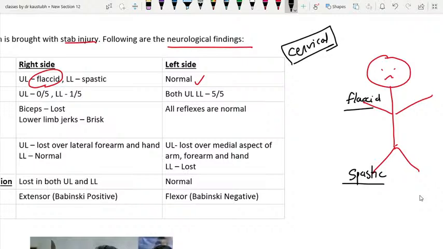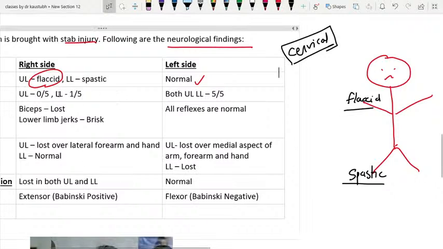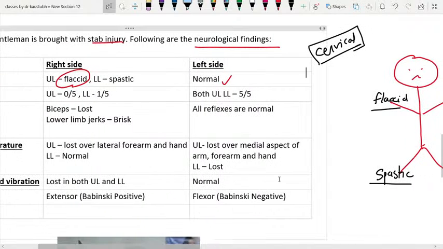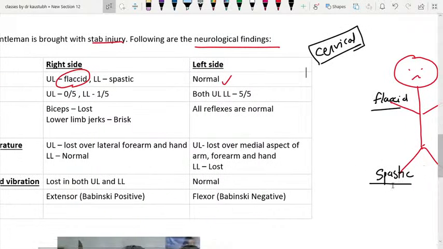Is the left side having anything? No, nothing. The power is also showing something similar, not to be considered of much importance. Now thinking about reflexes, see, the biceps reflex is lost.